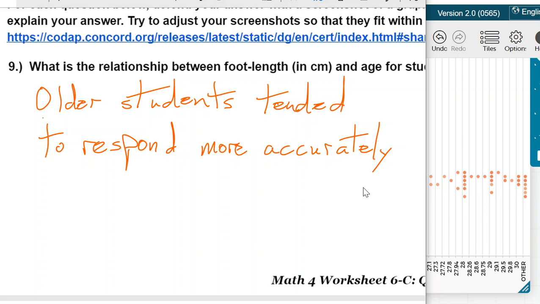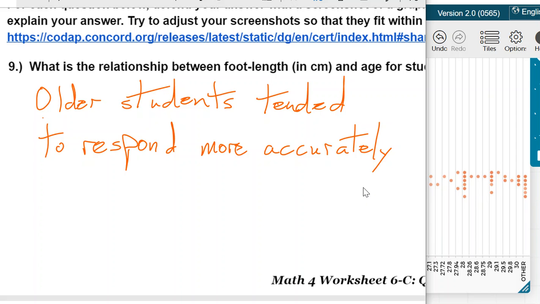It's kind of funny because there's a part of you that would think that as a child gets older, their foot would get longer. But this is not the case. You've got enough respondents on all these different lengths that there's not really a relationship between age and length. Not here.